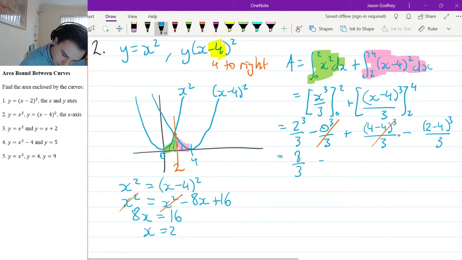And then we've got minus 2 minus 4 is negative 4, all cubed is negative 8 on 3. So we've got 8 minus minus, so plus another 8 on 3 is 16 on 3 square units.